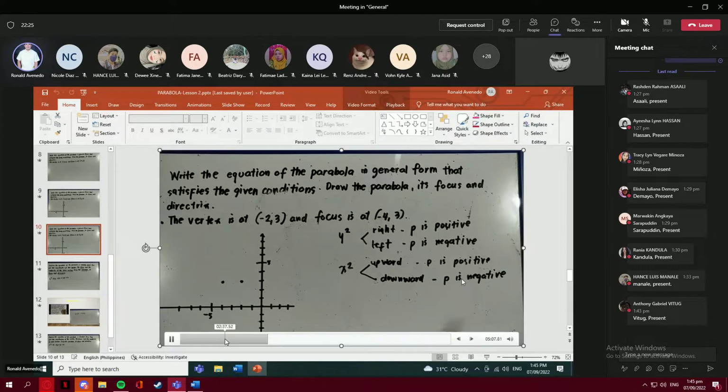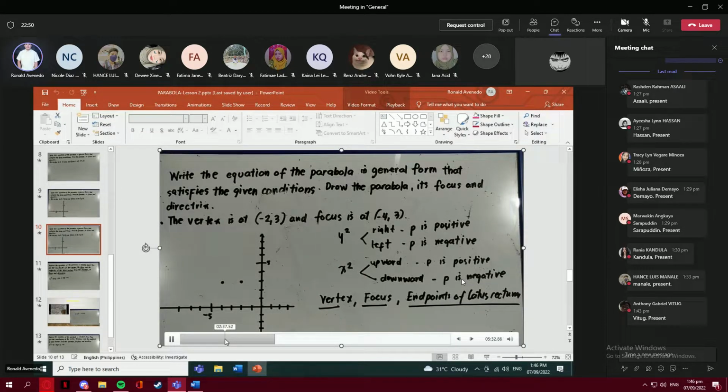Then, we need the vertex. We need the focus and endpoints of latus rectum. So, kailangan natin ito.